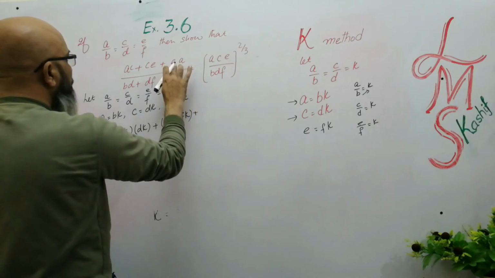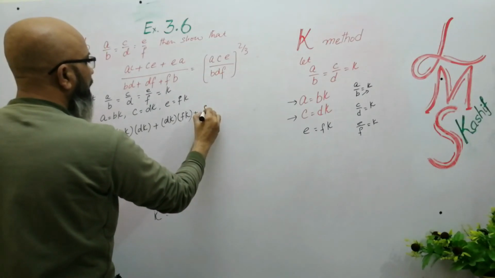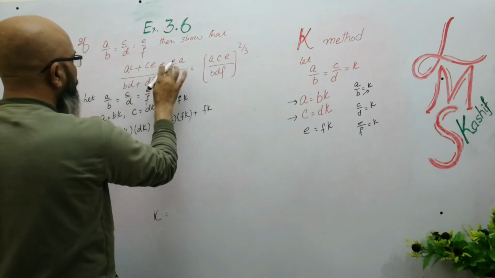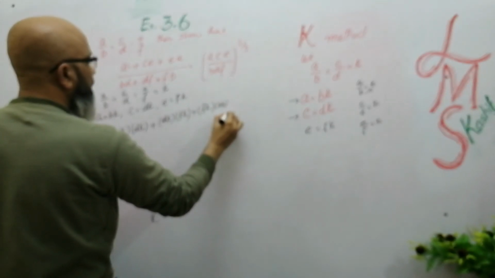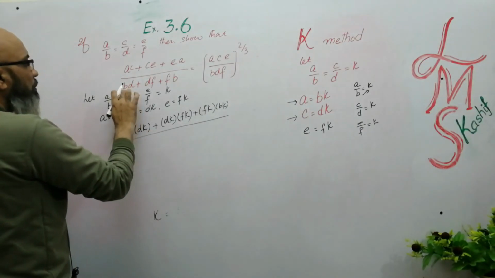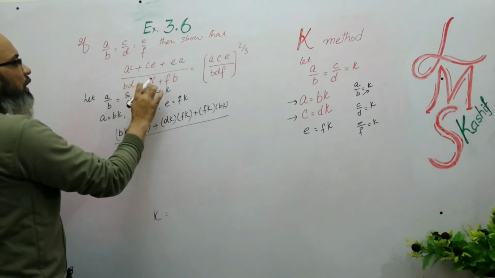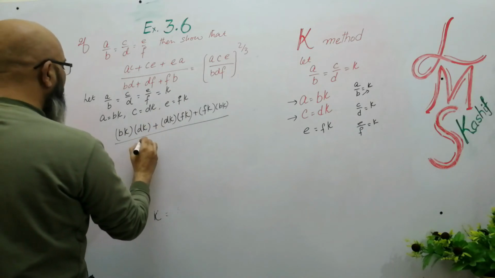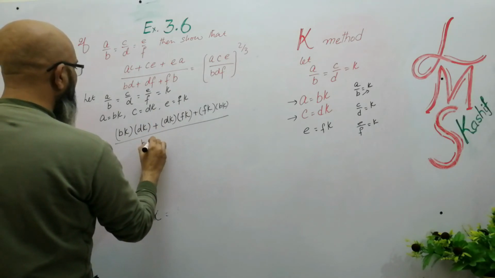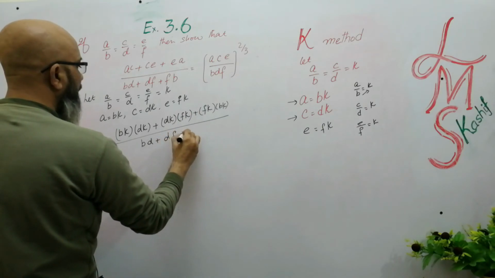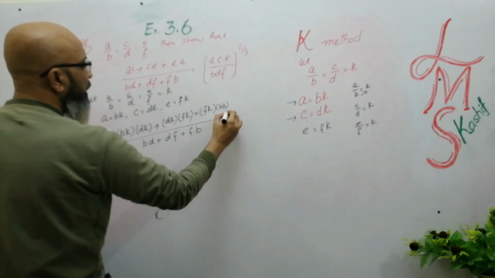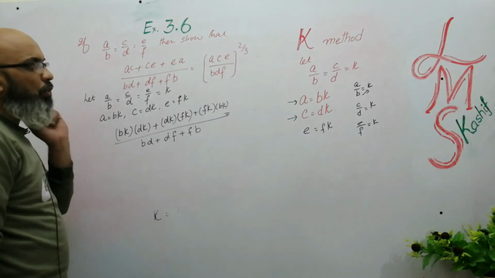Plus what is the value of e? That is fk. And what is the value of a? That is bk over bd, df and fb. We don't have the values of b, d and d, f and f, b. So no need to put the value of this one.